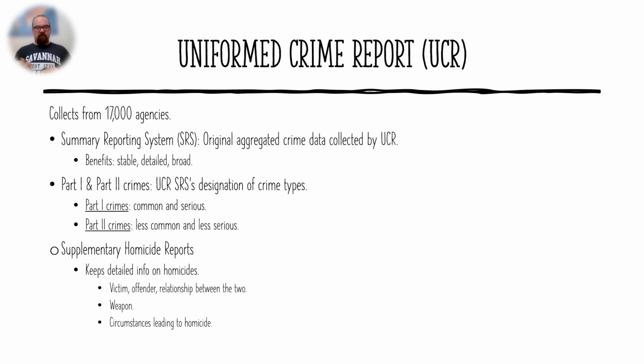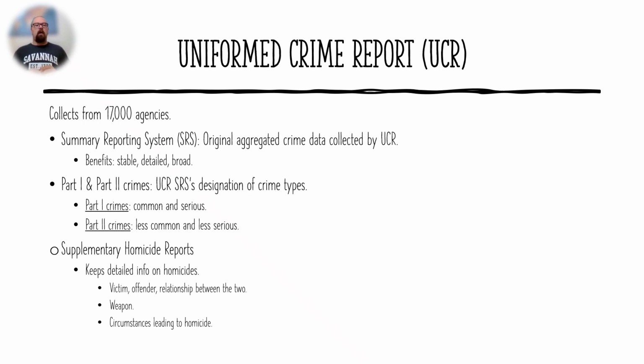Some benefits to utilizing the UCR is it allows for analysis at different levels, so different cities. It provides a stable methodology. When we're looking at research, we know that research methodology is important because that keeps some validity concerns about the data we're collecting in check.